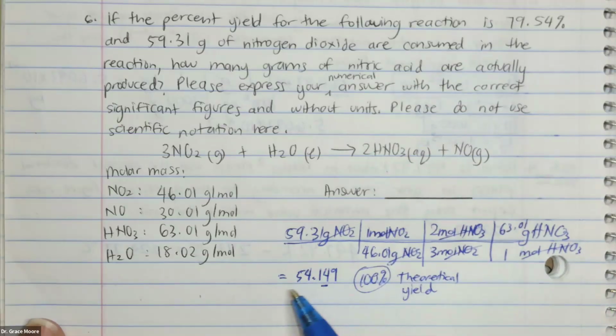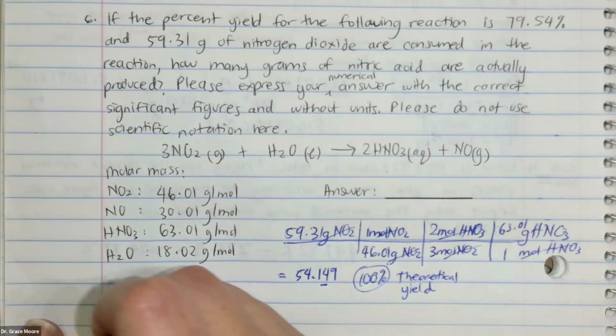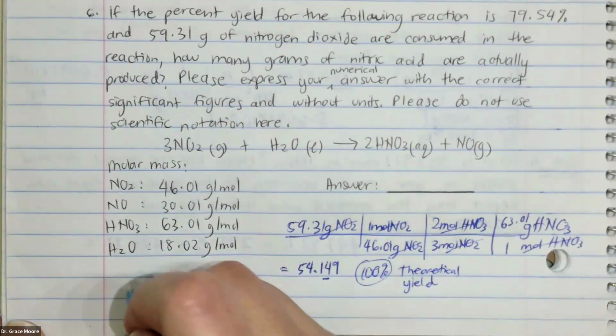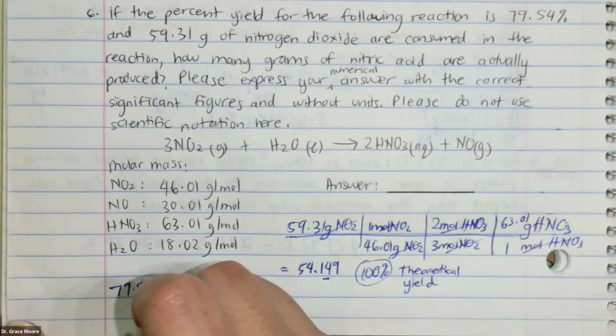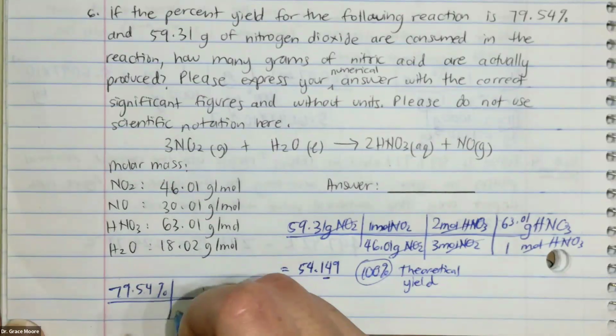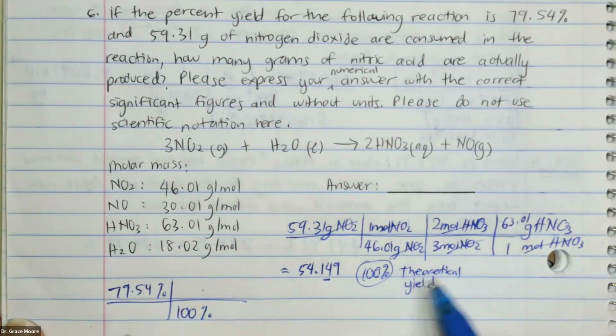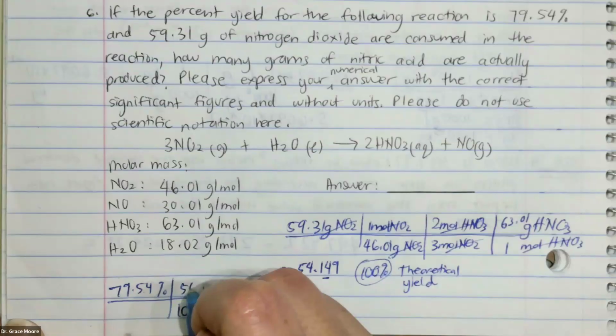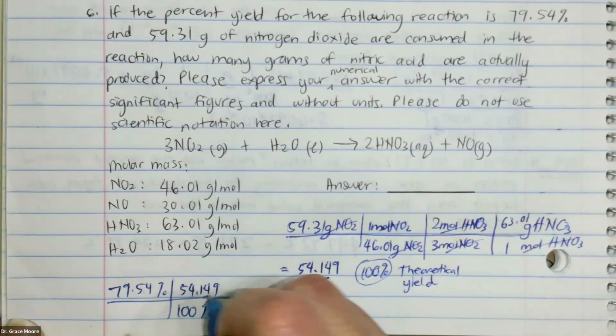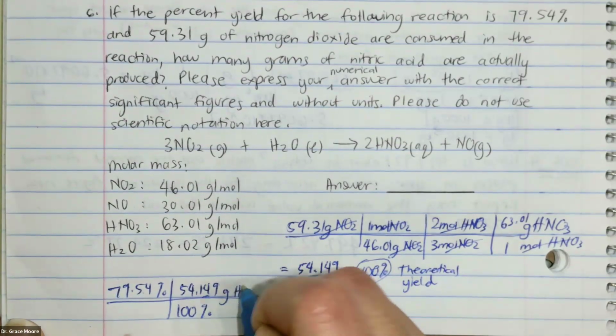So we keep 4 sig figs. I write 5 numbers and underline the 4th one, so I know it really stops there. Then we'll take 79.54% of it, and 100% is the same as 54.149 grams.